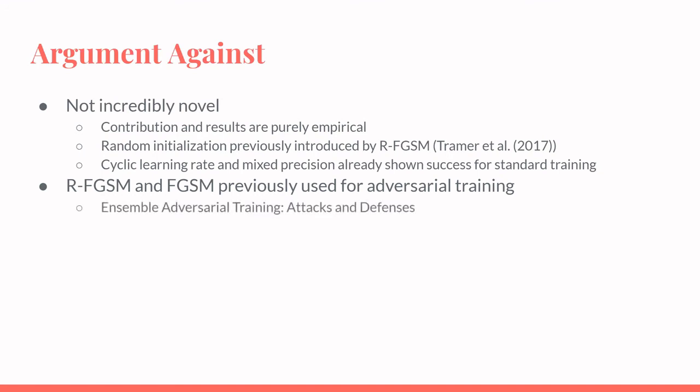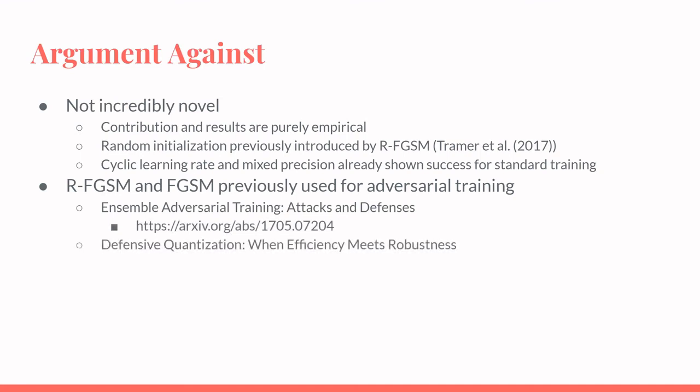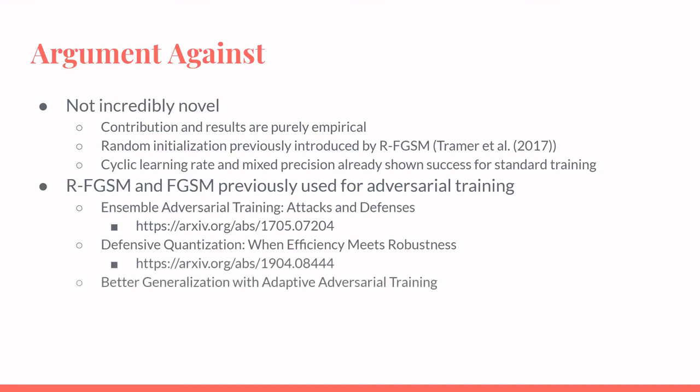So this just shows how the ideas and approaches that this paper used have been looked at before. Here are a couple different papers that use either RFGSM or standard FGSM for adversarial training. It should be noted though that this work does result in the strongest performance. And so although the contribution is somewhat small, I think it is also important to note that this significantly outperforms previous approaches.